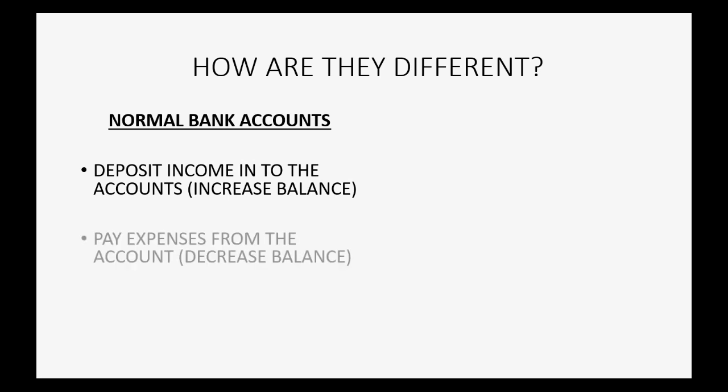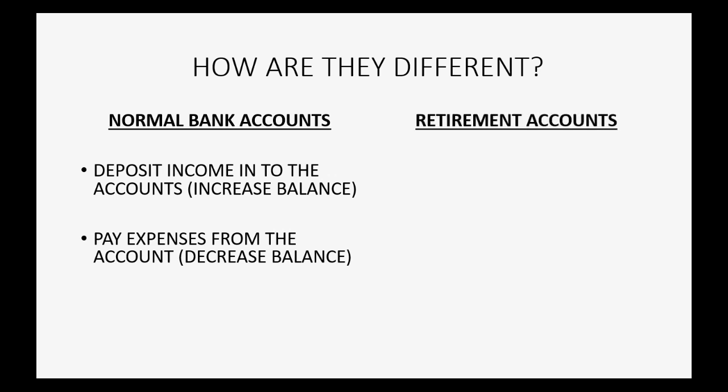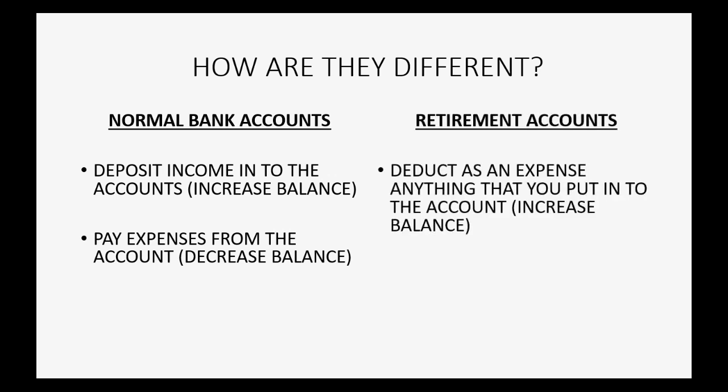And with normal bank accounts, when you pay your normal expenses, the balance decreases. However, with a retirement account, you will deduct as an expense anything that you deposit into the account. So that is the opposite of a normal bank account.